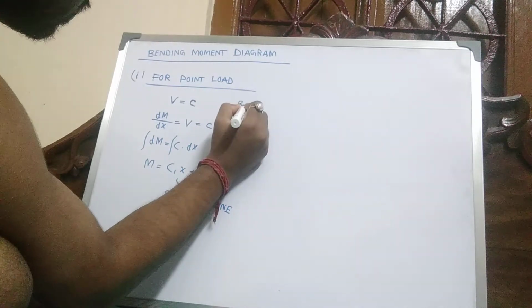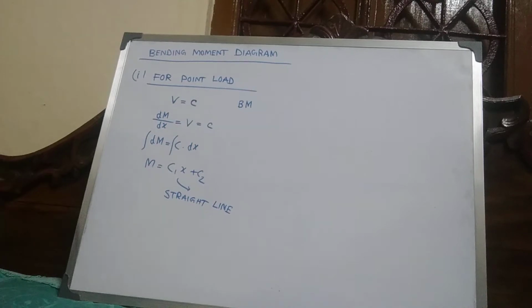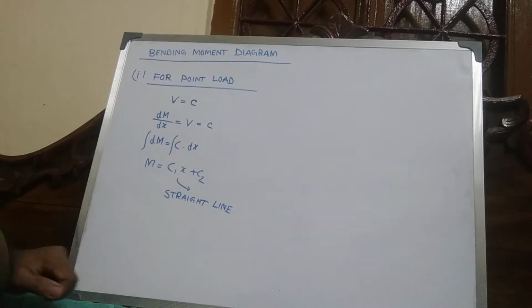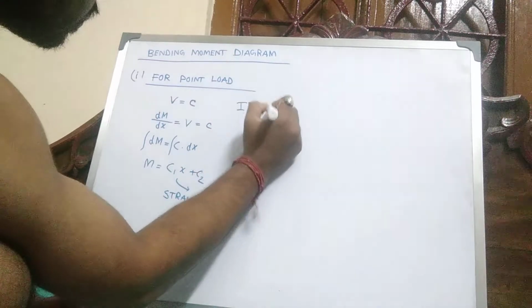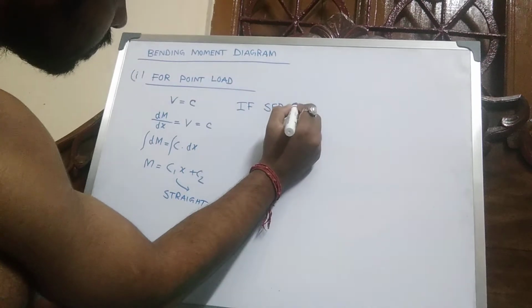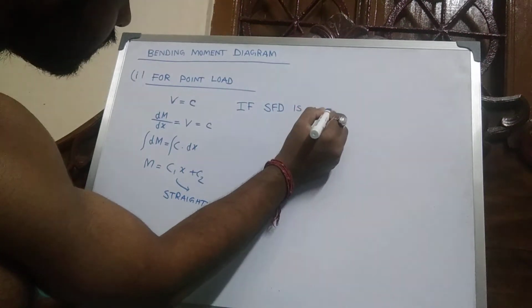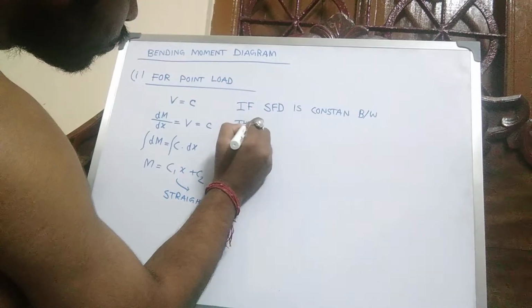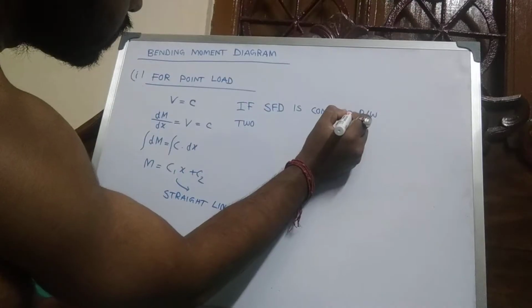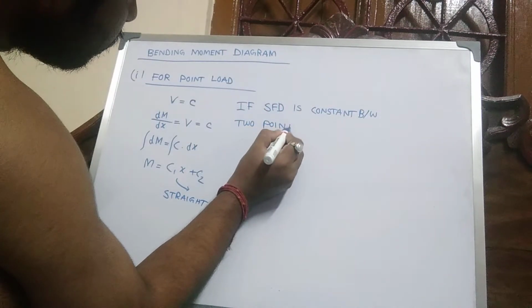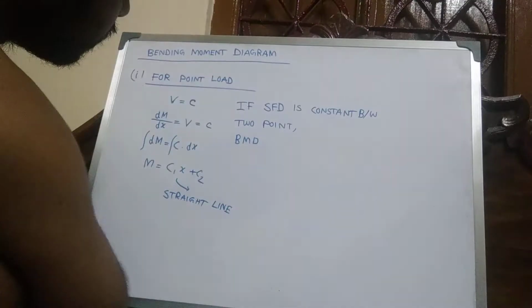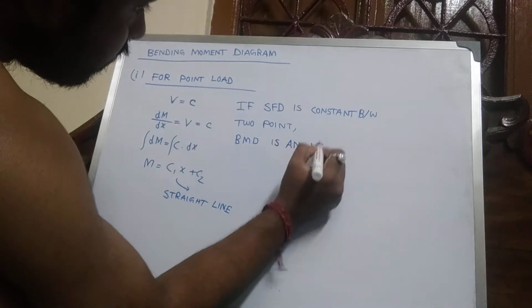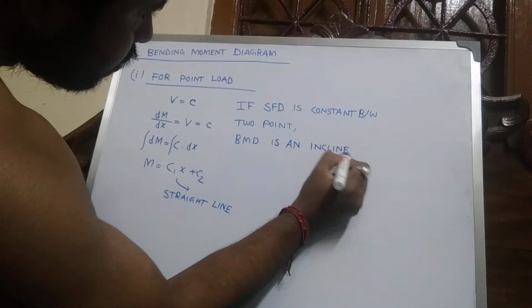So we can say for point load, if the shear force diagram is constant between two points, the bending moment diagram is an inclined straight line.